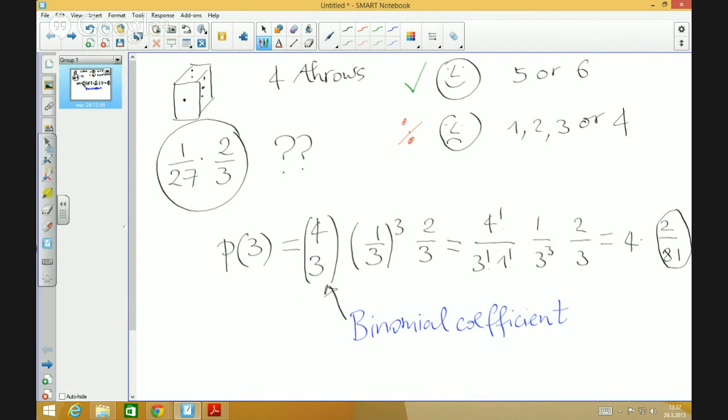So actually, the initial guess made by your colleague was the probability of getting 1 successful trial. But there are 4 of those. That's why we need to multiply by 4. So this is actually 8 over 81, which is roughly 0.1, roughly 1/10.